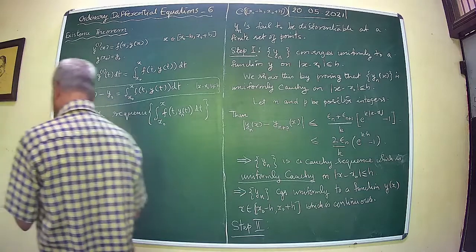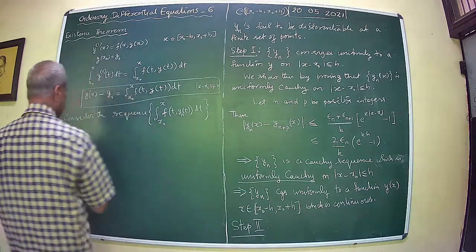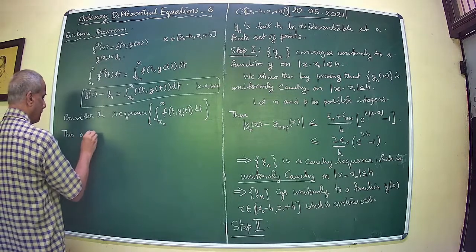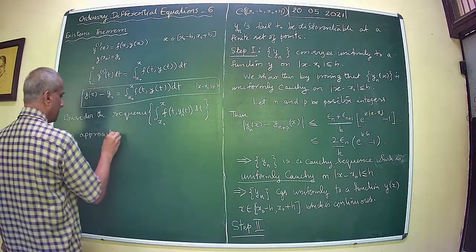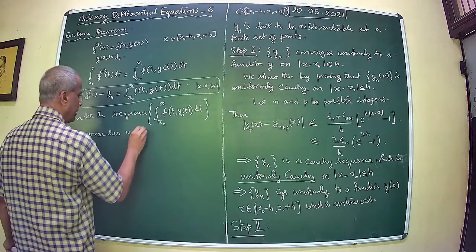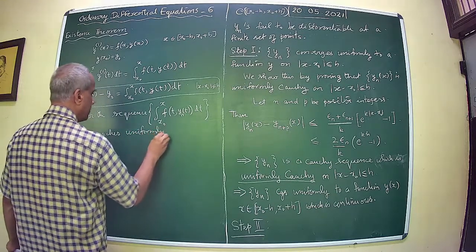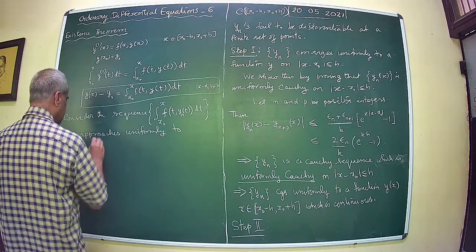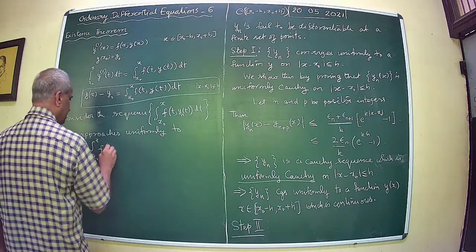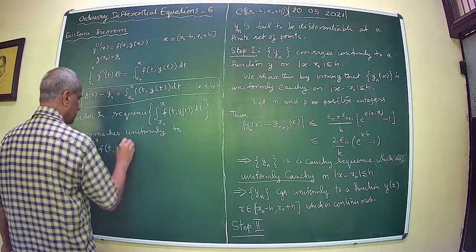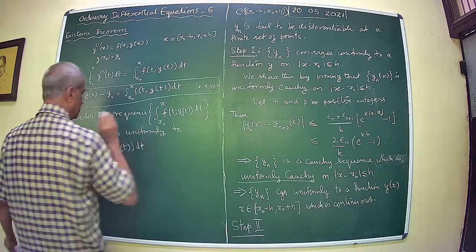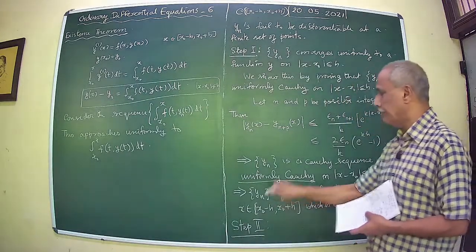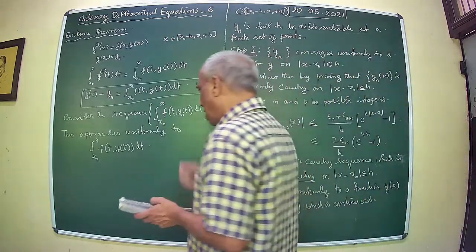Now we prove that this approaches uniformly the integral from x0 to x of f, because y you have already obtained. y is the limit of the sequence y_n.